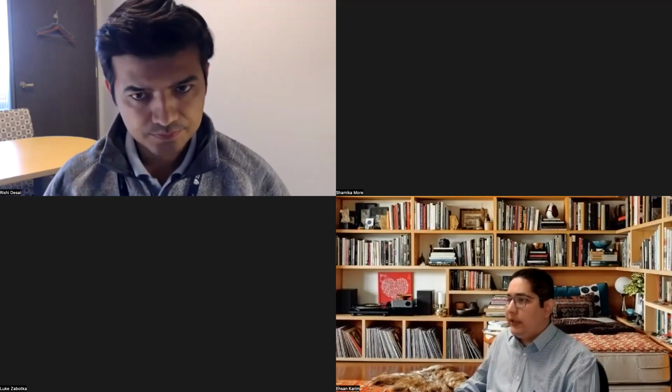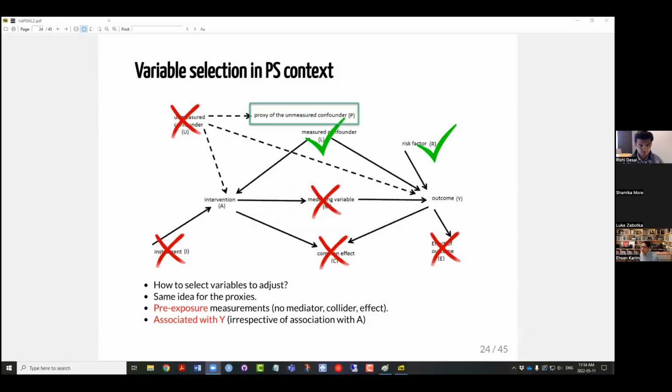Okay, just to remind the readers, this was slide 24. Can you describe what should be done and why for inclusion of confounder proxies? Inclusion of confounder proxies is not necessarily a new idea. In epidemiologic principles, we have always known that proxies could reduce the amount of unmeasured confounding, with the caveat that sometimes the direction is not clear, whether it is going in the right direction or the left direction.